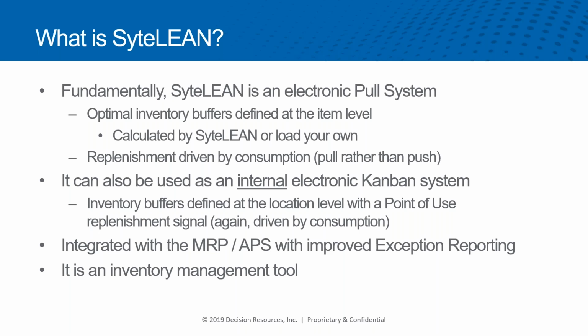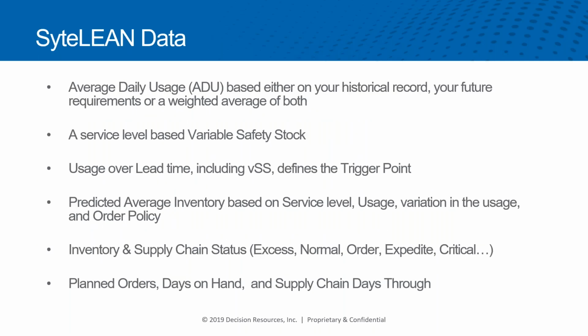I've got a couple of core procedures that we use. I've got screenshots of those coming up in just a minute, but they do the heavy lifting for you on the math side. They mine your material transactions and your customer order shipments, looking both ahead and behind to come up with an average daily usage, which is, of course, what your buffers or your Kanban should be based on.